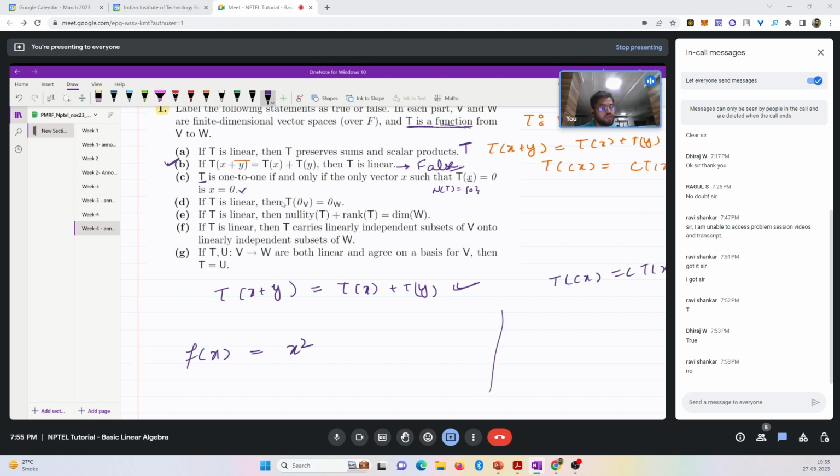Is x square a 1 to 1 function? If you draw this curve, for every y you have 2 points, right? So if you take f of x is equal to x square, then it is 0 only at x is equal to 0, but it is not a 1 to 1 function. So this property is satisfied only for linear transformations.